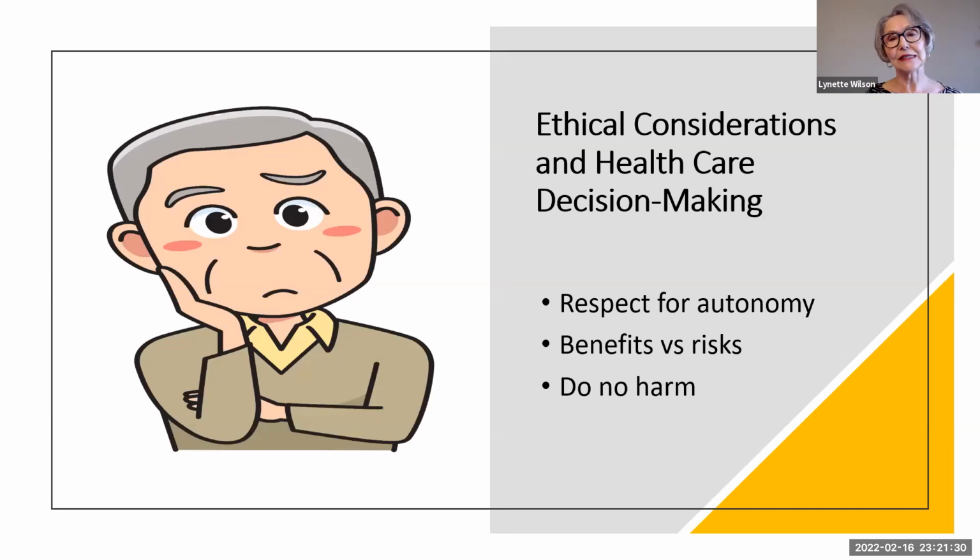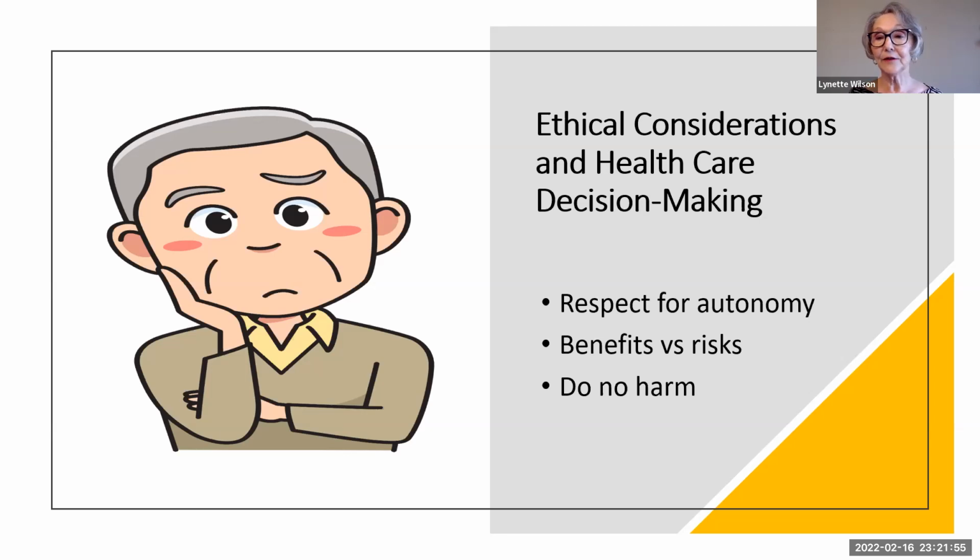What are the ethical considerations that we need to think about for healthcare decision making? And this is important for, I think, particularly us as caregivers for persons with dementia, because many times we are going to be the ones making these decisions in the last year of life. The first is respect for autonomy.